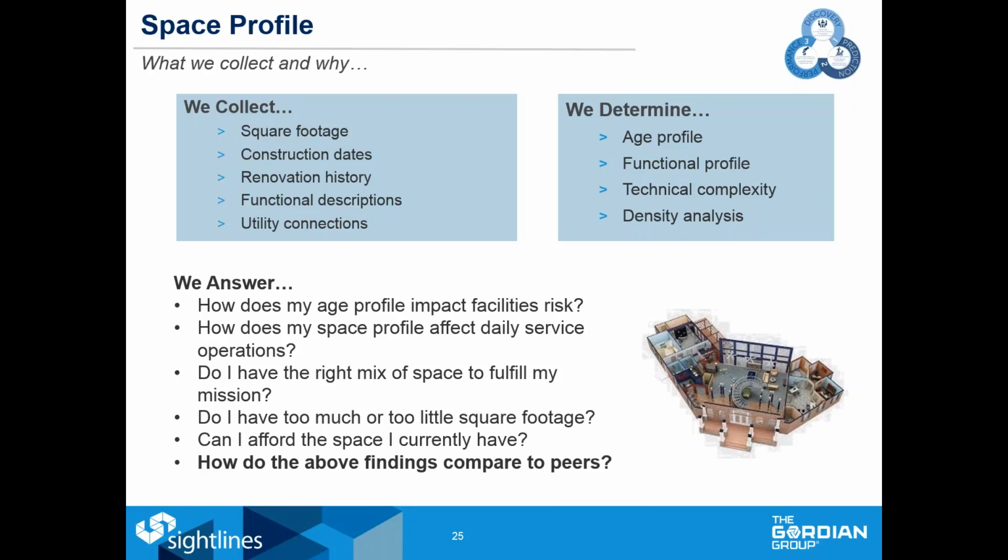Sometimes a lack of maintenance funding and the growth of facilities backlogs is due to schools that grew too fast. And with declining enrollments in a lot of environments, it's really important to look at that very critically. Ultimately, what's important is that we validate this and we compare it to peer institutions.